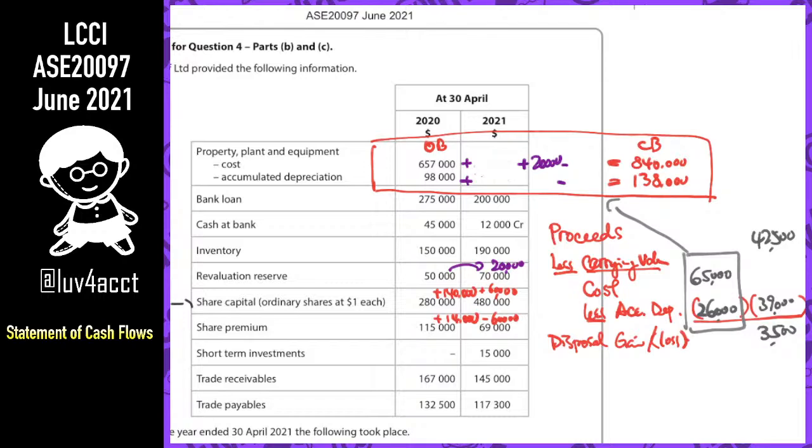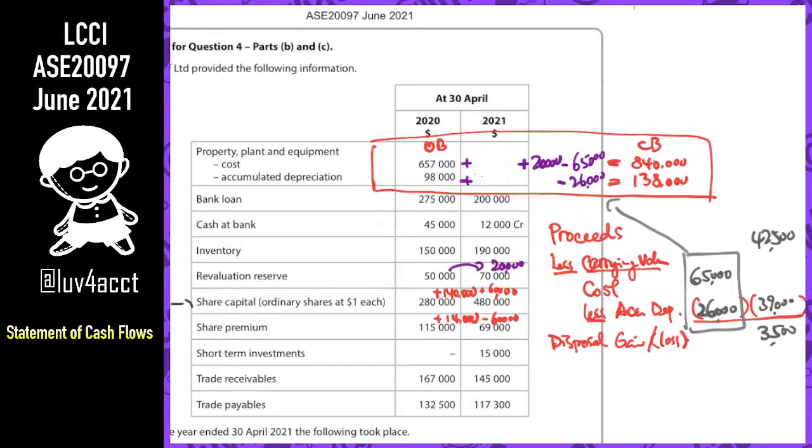And then disposal, here the box in gray: you are selling assets that cost you 65,000 with an accumulated depreciation of 26,000. So the remaining part of the equation is your depreciation and the payment that you make to purchase new property, plant, and equipment.